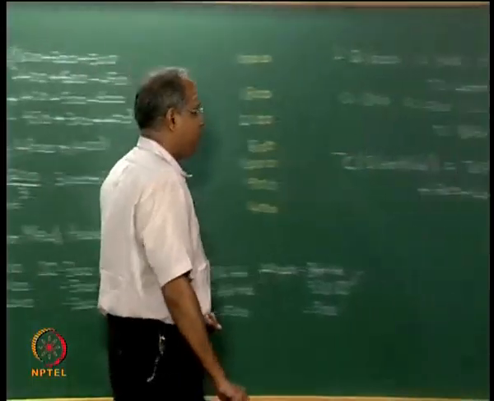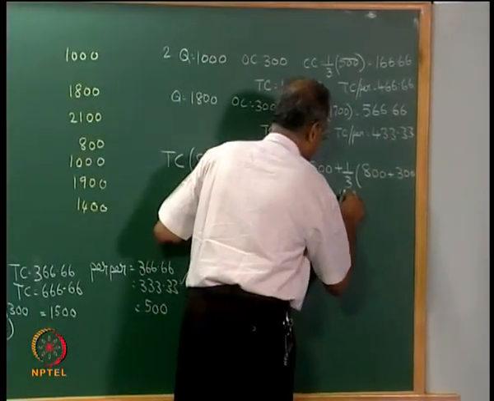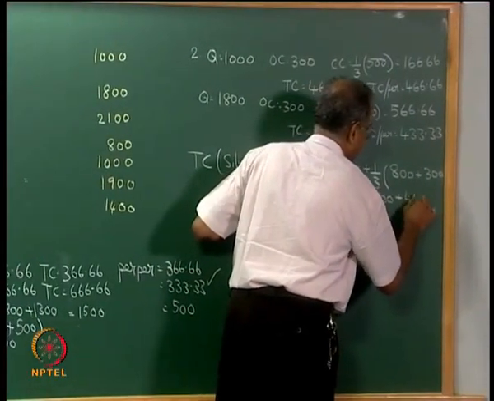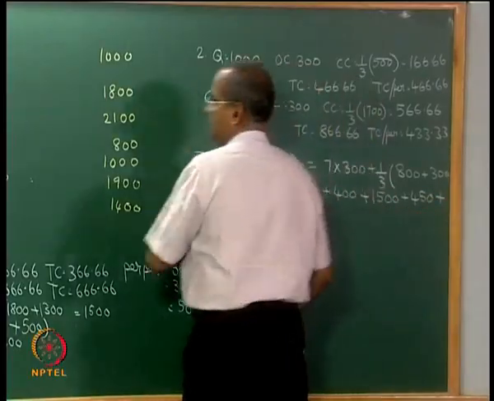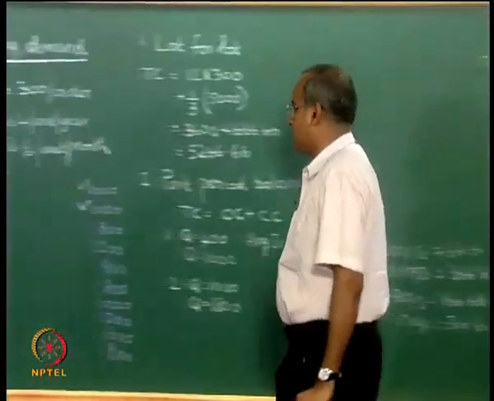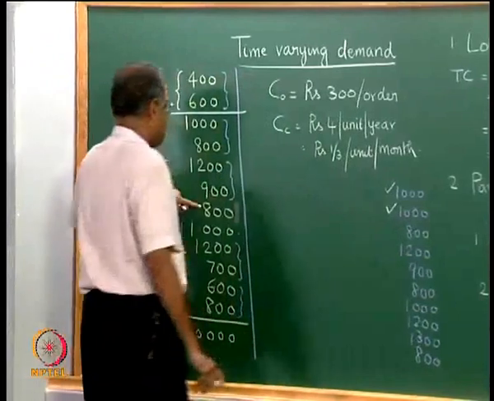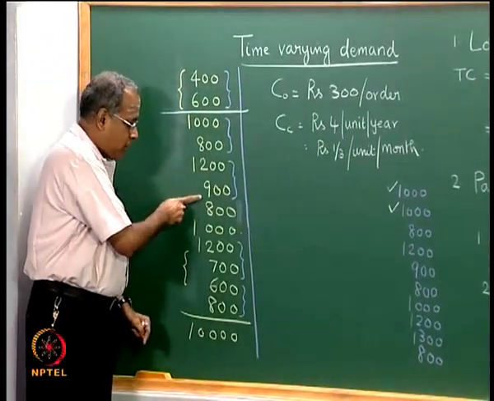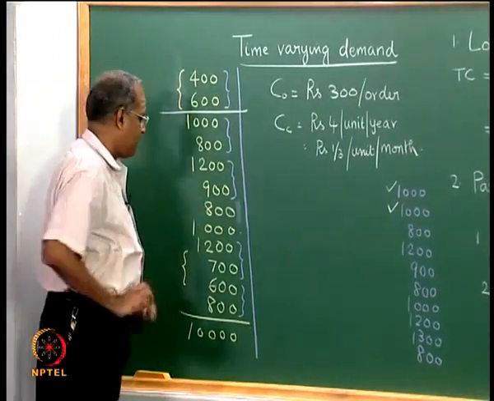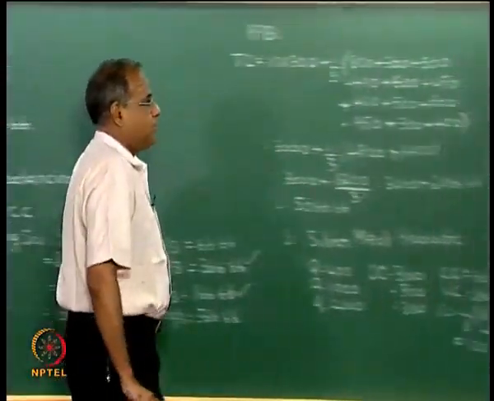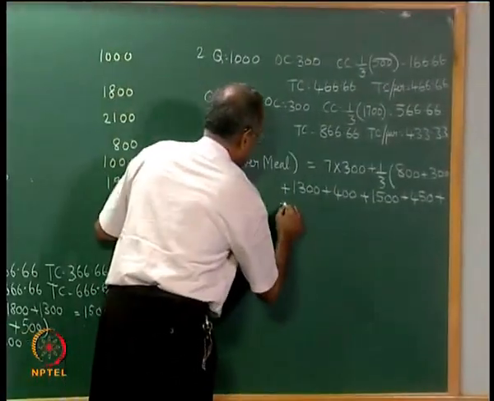So 1500 plus 450. Keeping this separately, this is 400, this is 500. So plus 400 and 500.